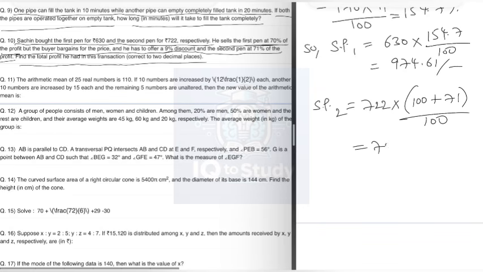That is equal to 722 into 1.71, which is equal to 1234.62 rupees.